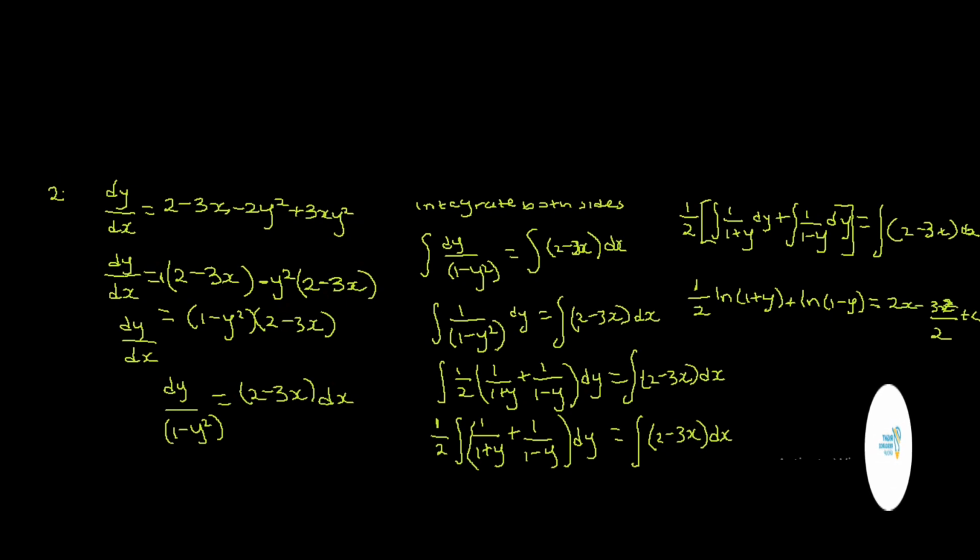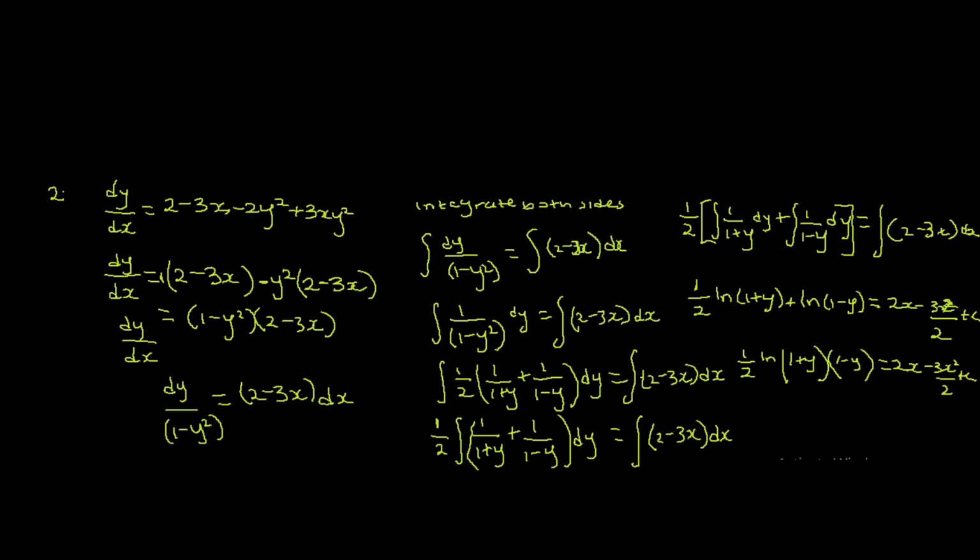Now this is also the same thing as 1 over 2 of ln 1 plus y. Because it's a plus separating them, you just bring out one ln and multiply the two, so it becomes 2x minus 3x squared over 2 plus c.